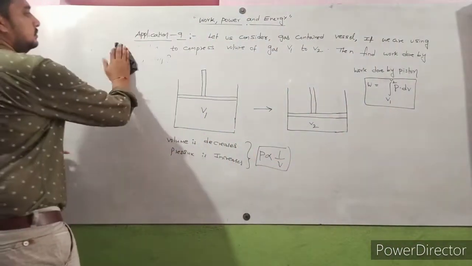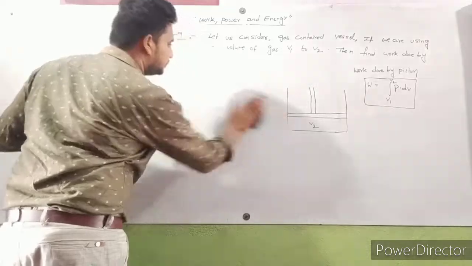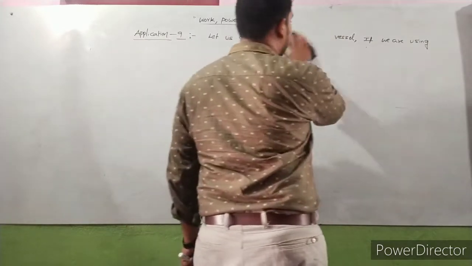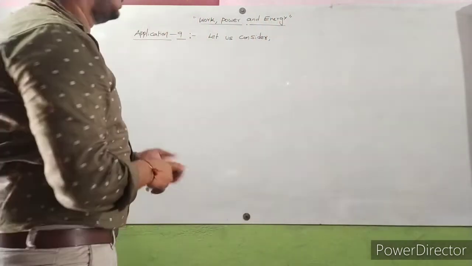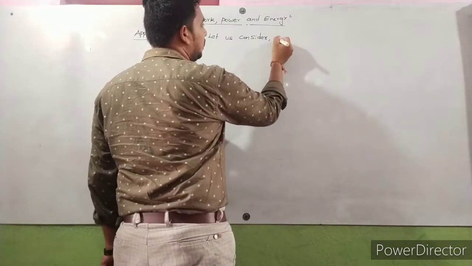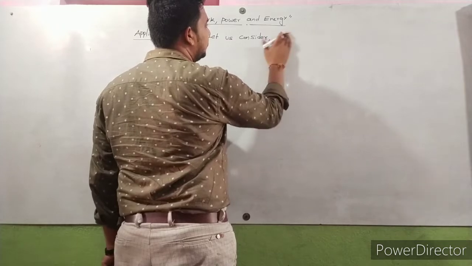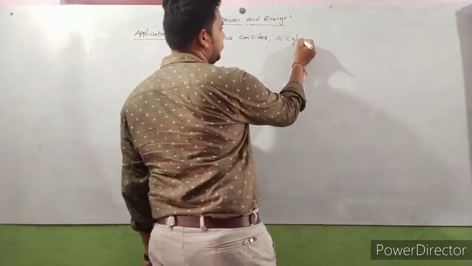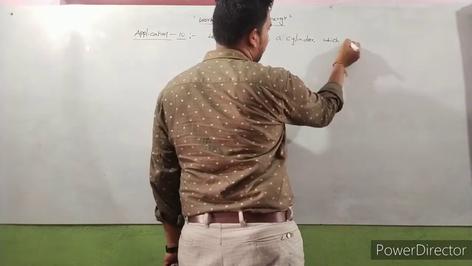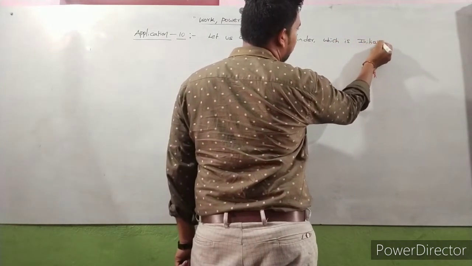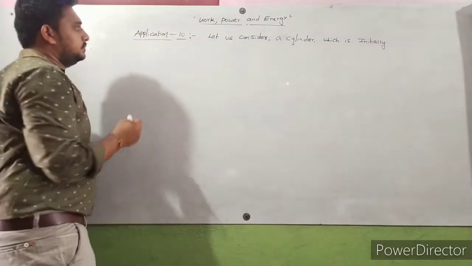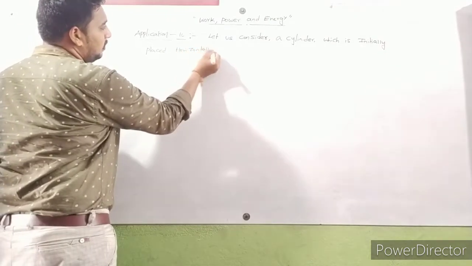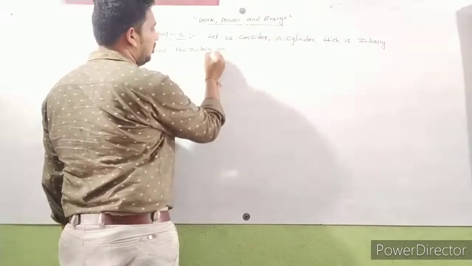Application number 10. Let us consider a cylinder which is initially placed horizontally on the surface of the ground.